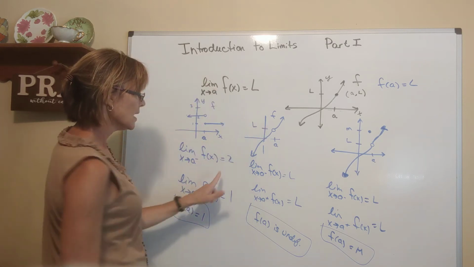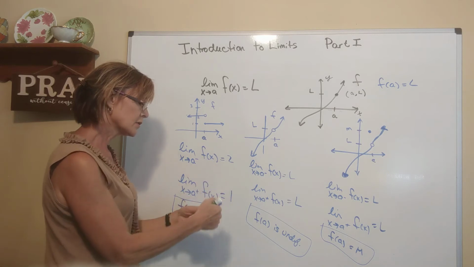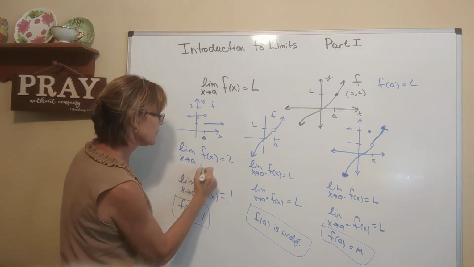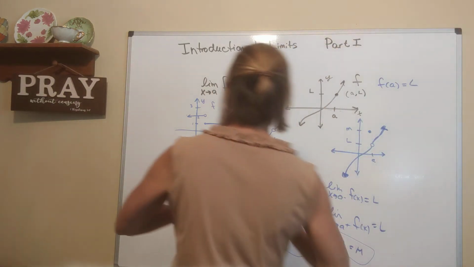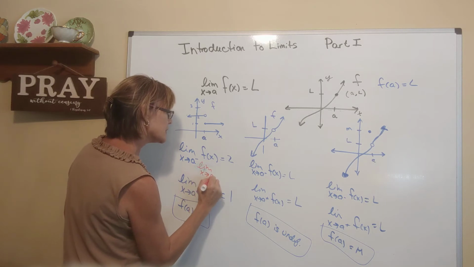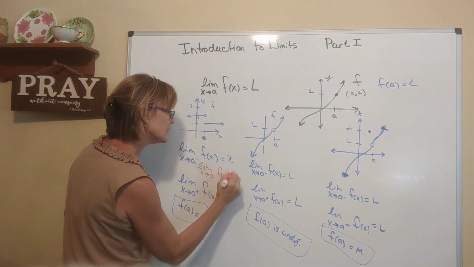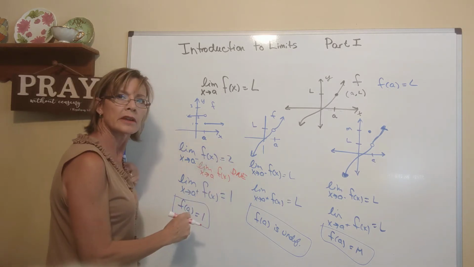I'm totally missing. From the left it was 2, from the right it was 1. These are not the same number. So this is what we conclude here. The limit as x approaches a of f of x does not exist. And it does not exist because these two numbers do not agree.